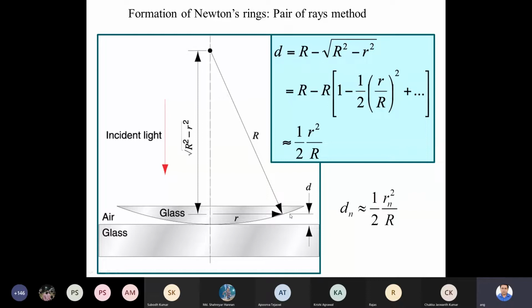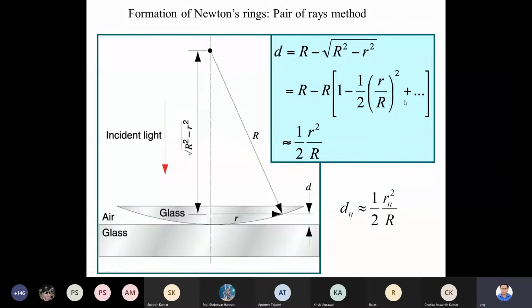Suppose you are taking this as d at a particular point, then this will be the square root of R square minus small r square, and this is the incident light, normal to this glass. Now you can write this small d as capital R minus the square root of R square minus small r square.